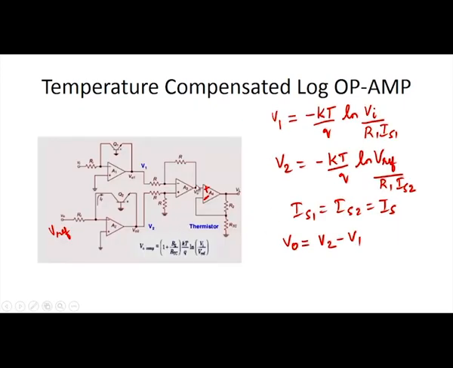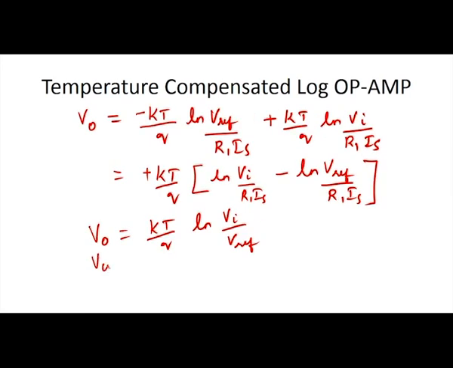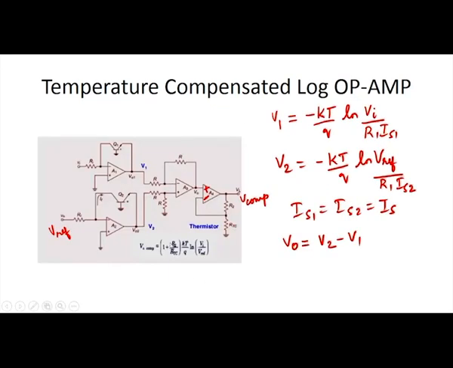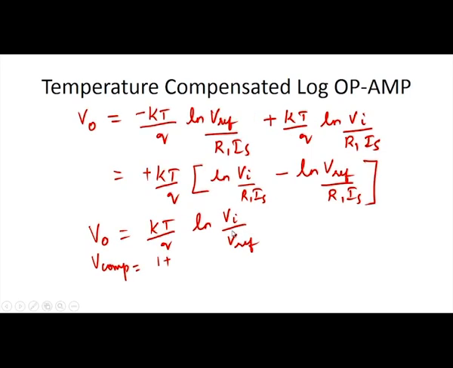Finally you call it V compensation, as the output of A4, a non-inverting amplifier. V compensation is just the multiplication of this V0 into its gain. Gain is 1 plus RF by R1, where RF is the feedback resistance, here it is R2, divided by R1, the input resistance, which is RTC.